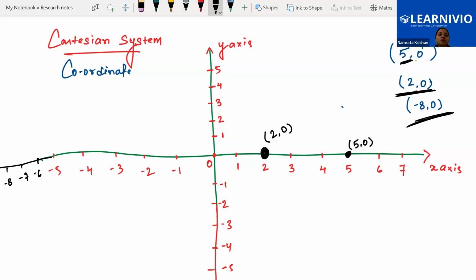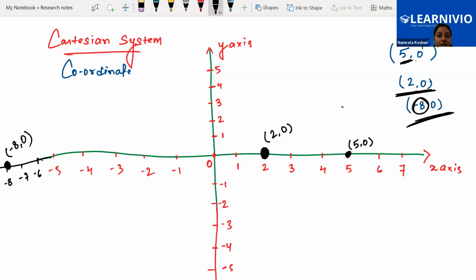So on the x-axis, we need to represent minus 8. From here, where do we have to go, upper side or downward side? We don't have to go anywhere. This is the location of minus 8, 0 because y is 0.